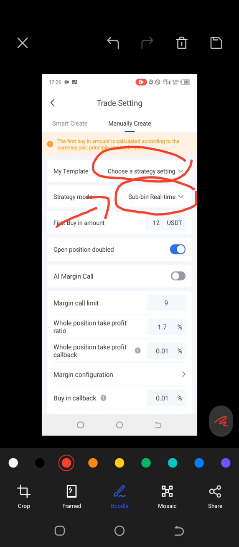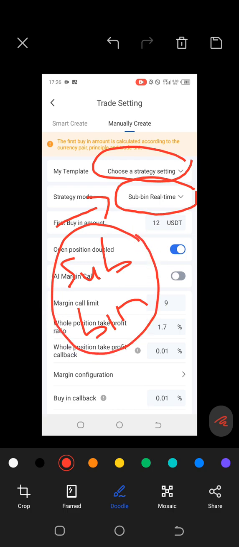Now, another trader would use the sub-bin. I've talked about it, and I've also given a write-up. There's a write-up on the strategy mood, what it means and how it works when you choose them. And then the sub-bin mood is for the traders who would not want the profit to be delivered into their USDT as and when it sells off on the fifth sub positions. They want that profit to be what?